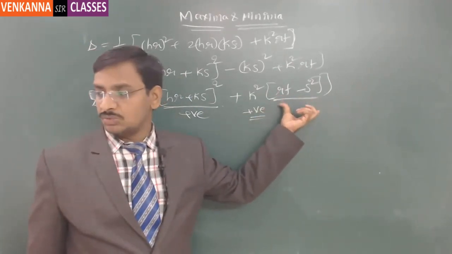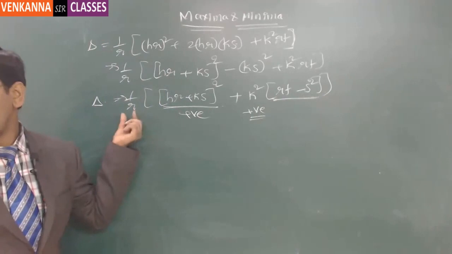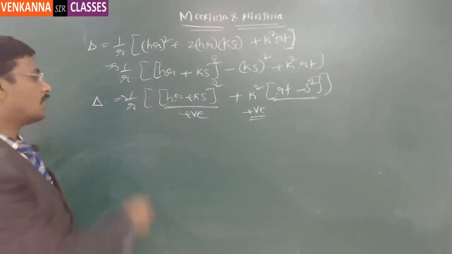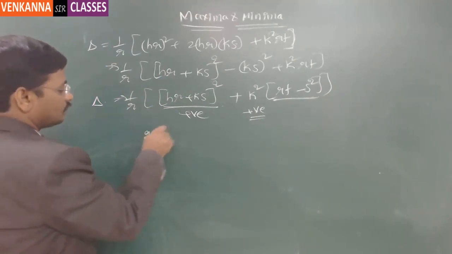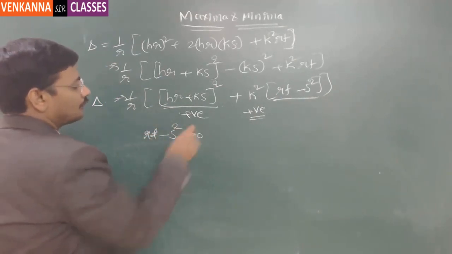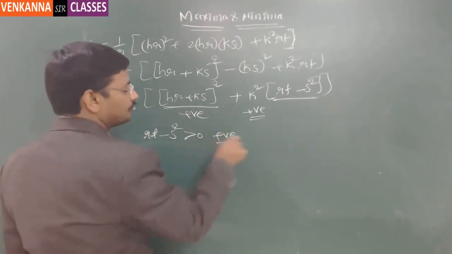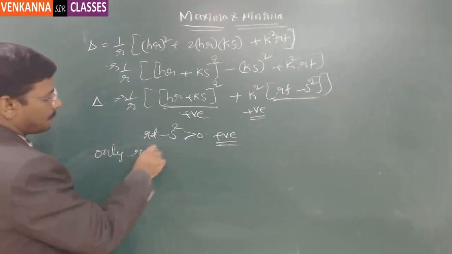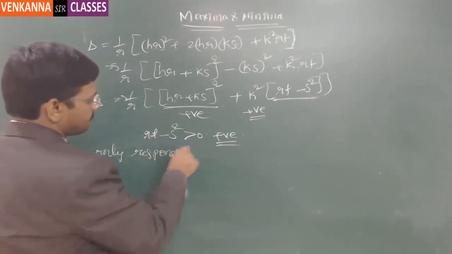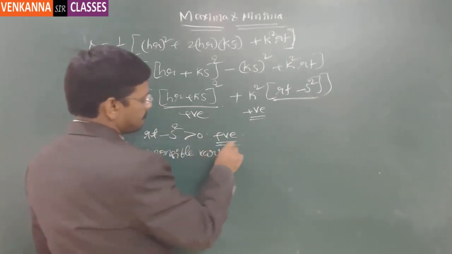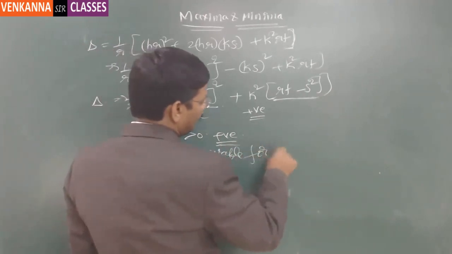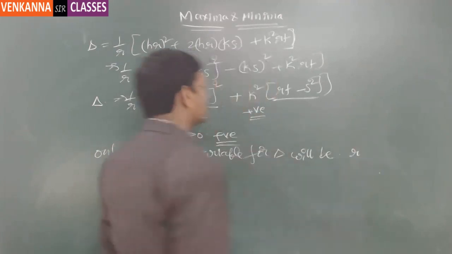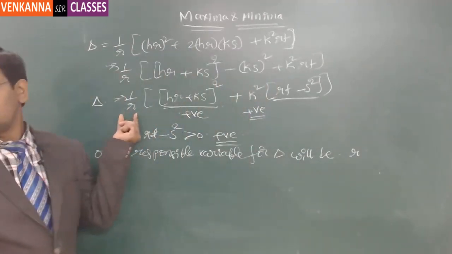Now if this is positive, then actually I can think of R as the only responsible component in this. So for that, what I will do is RT minus S square, I will make it greater than 0. Then the only responsible variable for delta will be R. So this R will decide now.